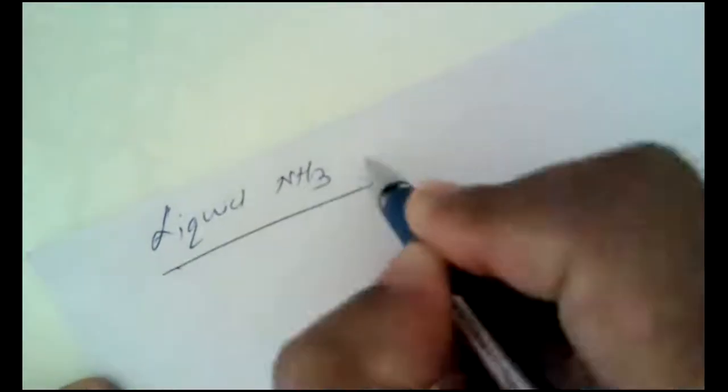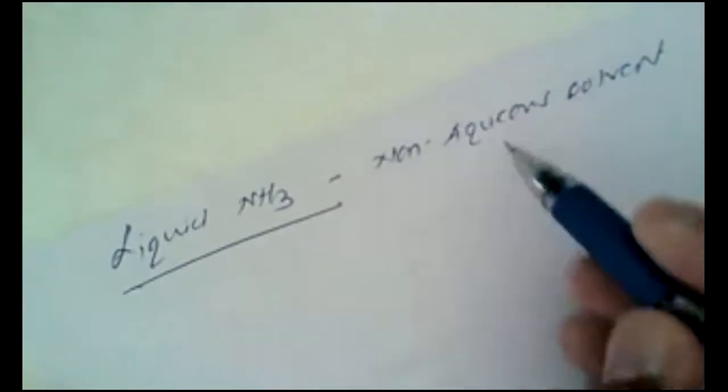We have to study two important non-aqueous solvents, where the first important solvent that we are going to study is liquid ammonia. This is regarded as one of the most extensively studied non-aqueous type of solvent. So liquid ammonia is known as the most studied non-aqueous solvent.